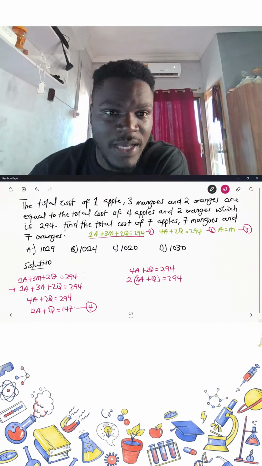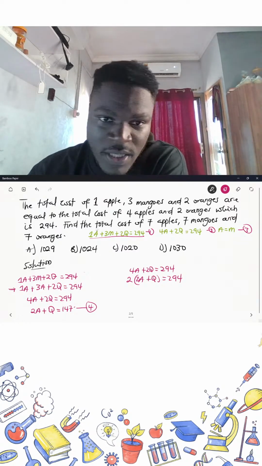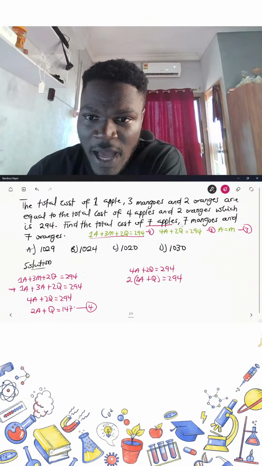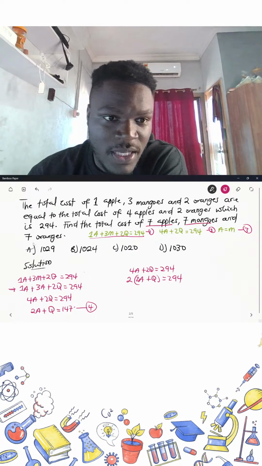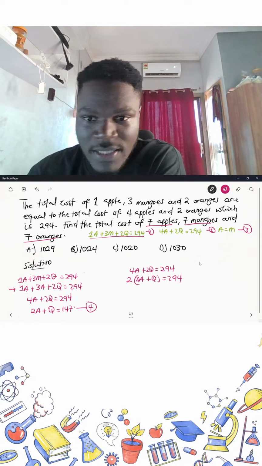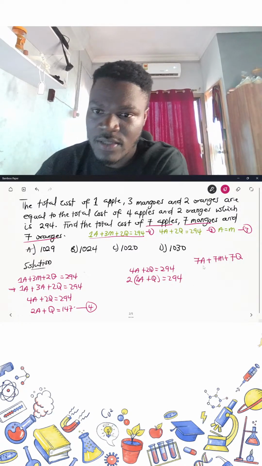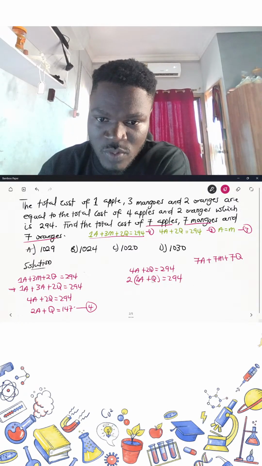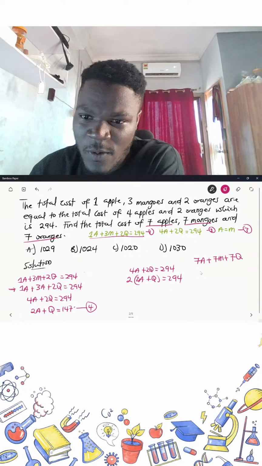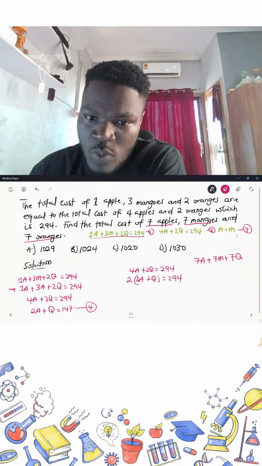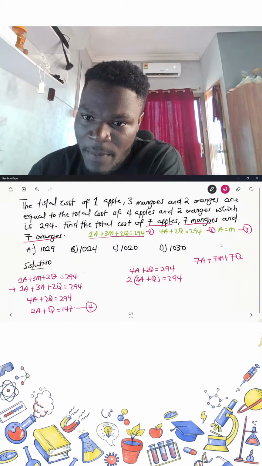Okay, now before we go on, the question is saying we should find 7 apples, 7 mangoes, and then 7 oranges. So let's look at something. 7 apples plus 7 mangoes plus 7 oranges. Are you okay? So this is what I will have. We'll leave this expression here for now, but we said that a is equal to m. So in place of m, I'll put a.